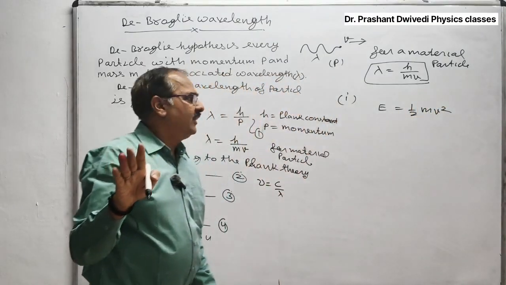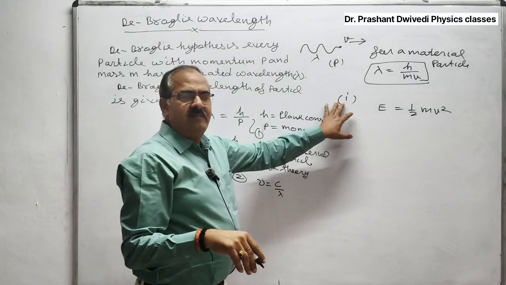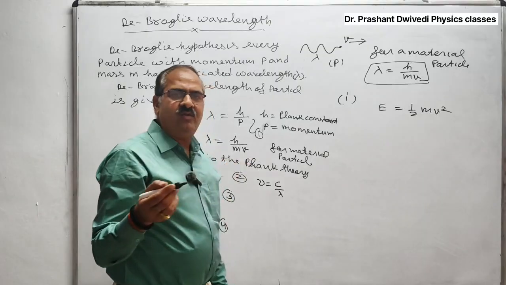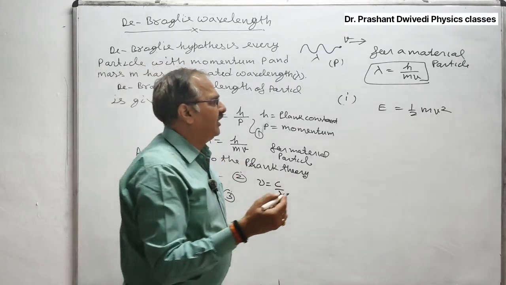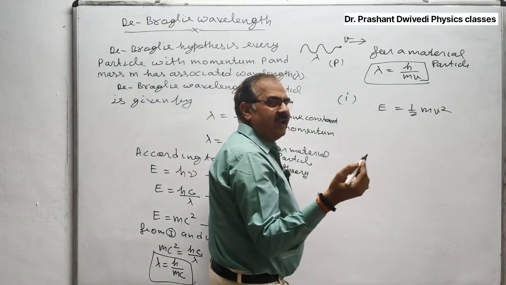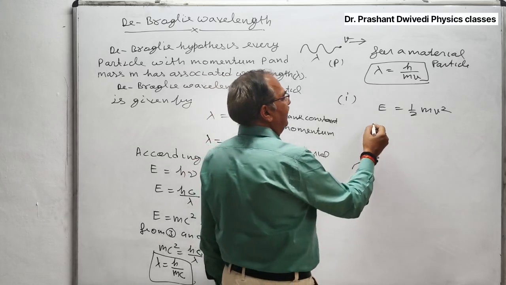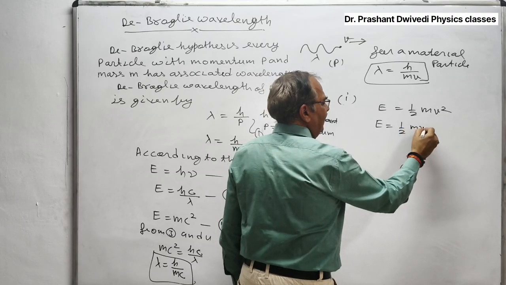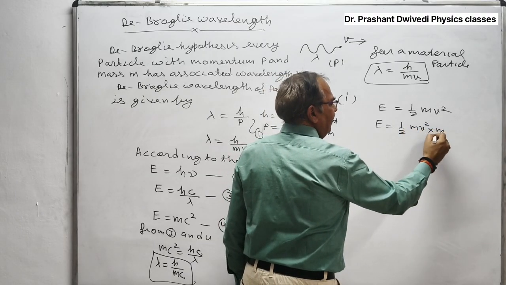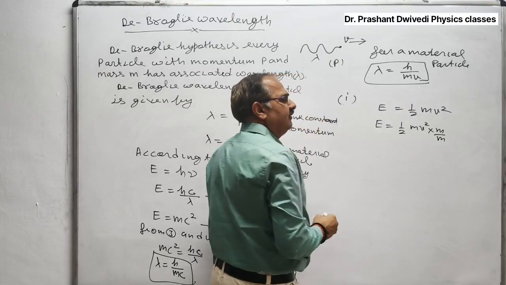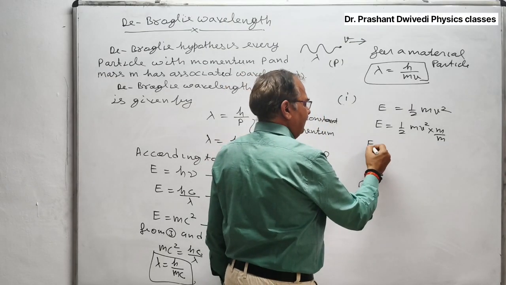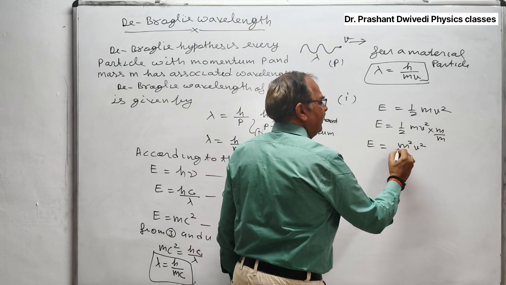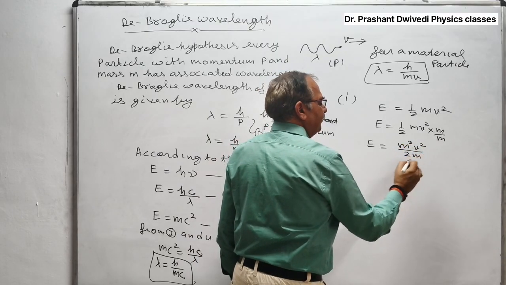Multiplying numerator and denominator by m, E is equal to 1 upon 2 m v square into m upon m. So E is equal to m square v square upon 2m.